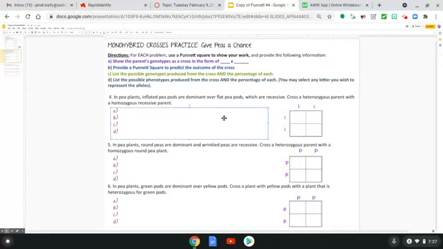After much to do, we have dominant recessive and recessive recessive. This is for the heterozygous parent. This is for the homozygous recessive.